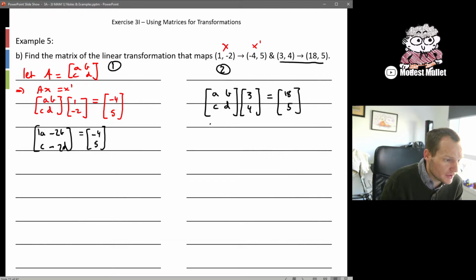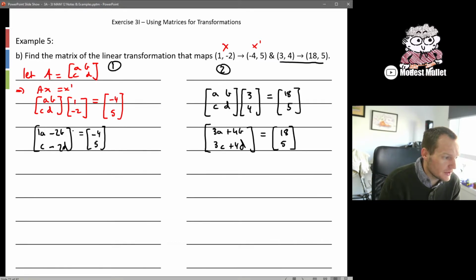Perform the matrix multiplication again, we end up with 3a plus 4b and 3c plus 4d, that is equal to 18 and 5. And effectively we can read across the top row and then the second row. Same over here, we can read across the top row and the second row as equations.